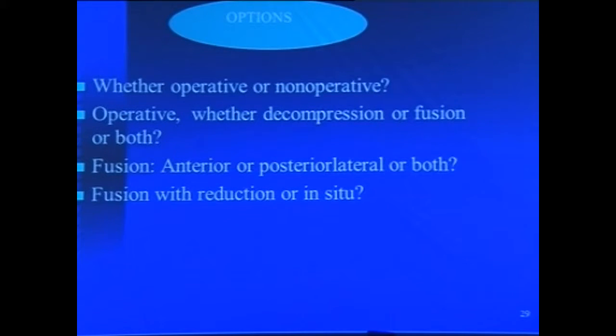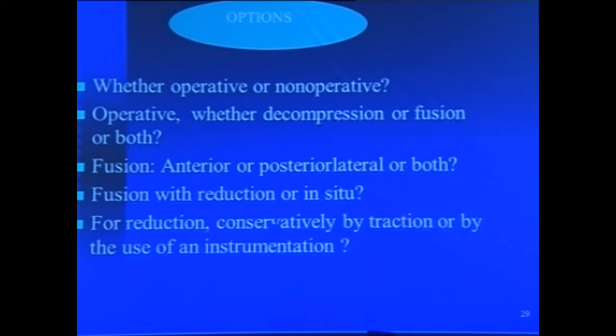With reduction, should we do the fusion after reduction, or fusion in situ? And for reduction, should we use a conservative method, or instrumentation? That is why in the beginning I said there are controversies in management. We need to see what our experience is and how we do it.